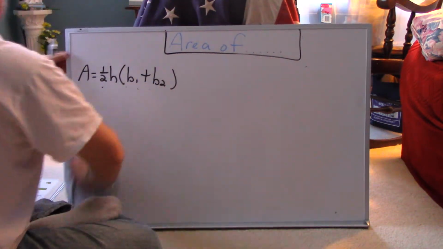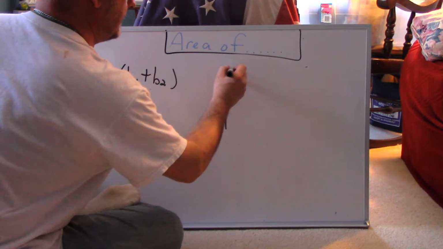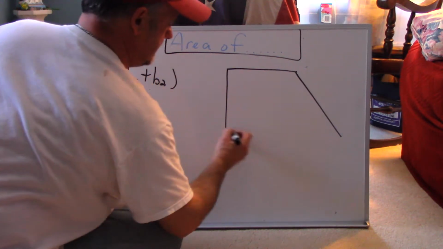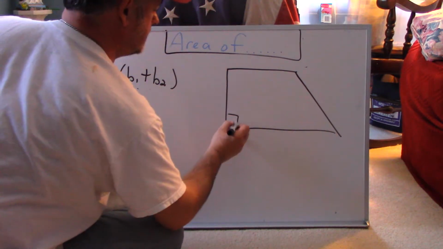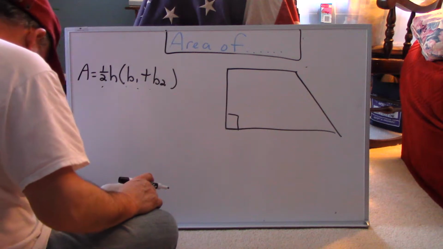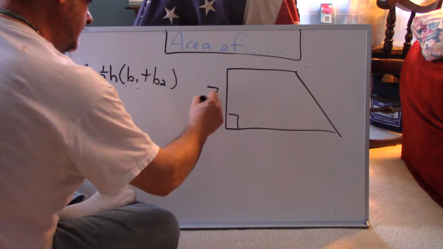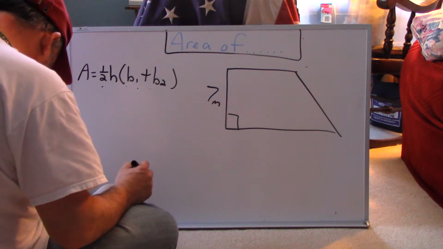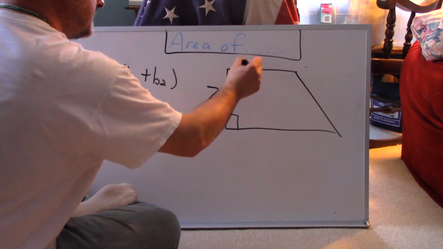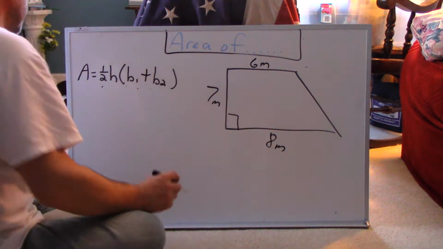Okay, let's do another one. Do the other type, with a right angle. There's the height, base 1, base 2. So, let's do one. 7 meters, 6 meters, 8 meters.